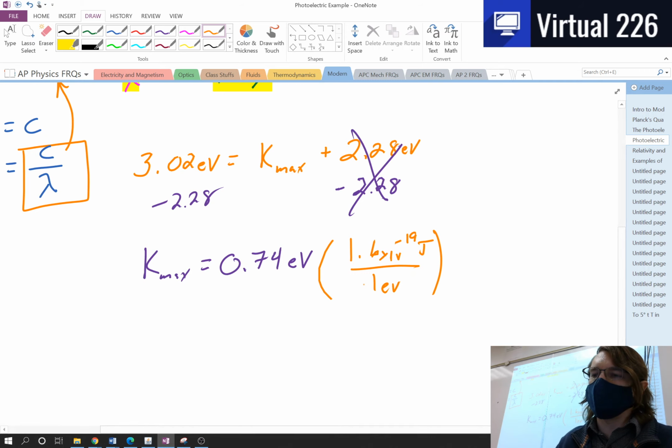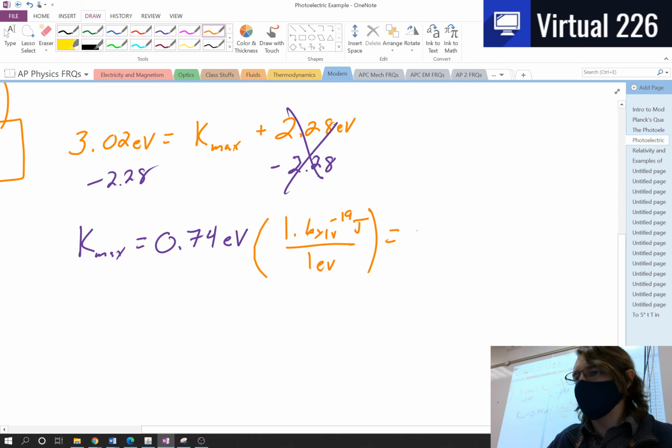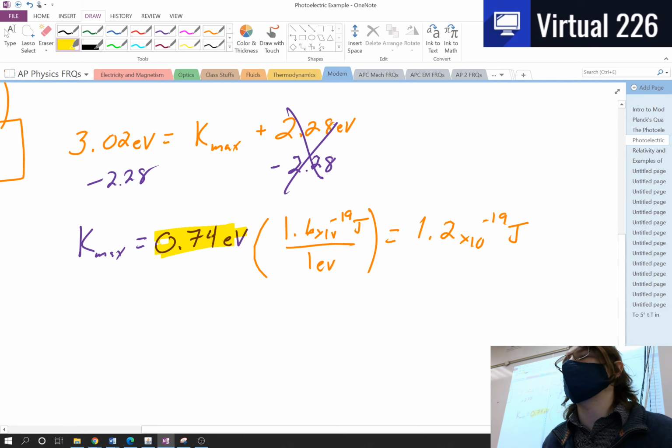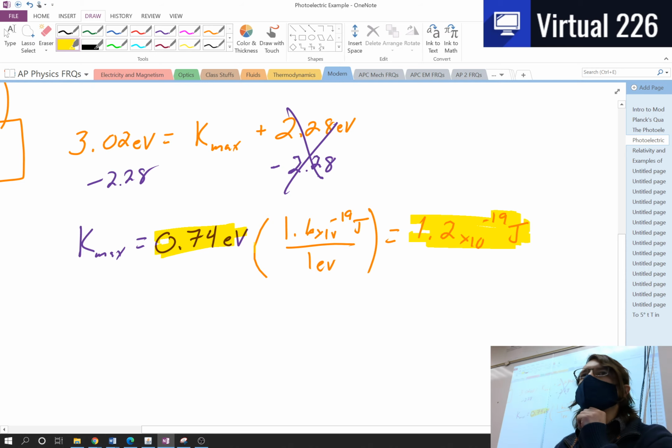In doing this, we should get a value, if we round up, of about 1.2 times 10 to the minus 19 joules. While 0.74 eV is a correct value for the energy, if we need to find a velocity, which we're asked to do in this problem, then we need a value in joules so that we get the proper SI units out.